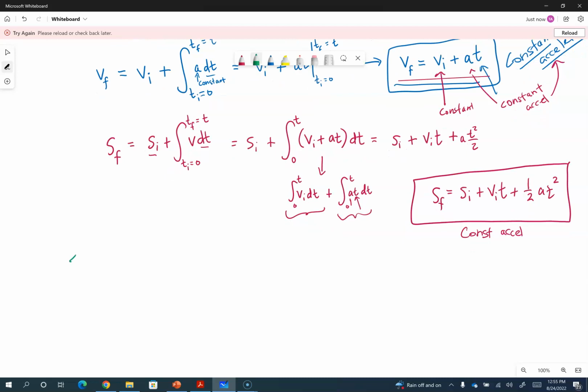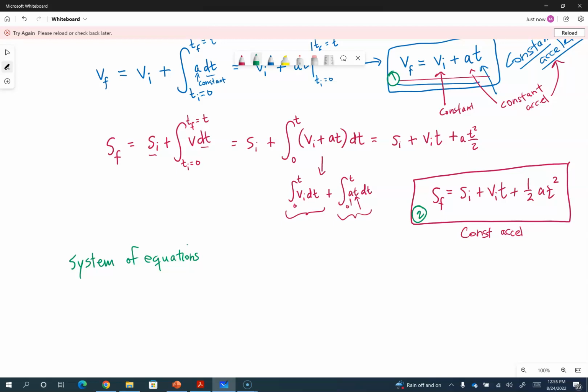But as a reminder, it's going to be very common throughout the semester to end up with a system of equations. Right now, we have one equation that represents velocity. Our second equation is the one that represents position. They both have a v initial in them. They both have a time in them.